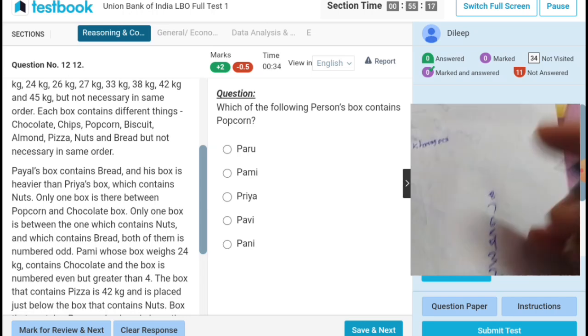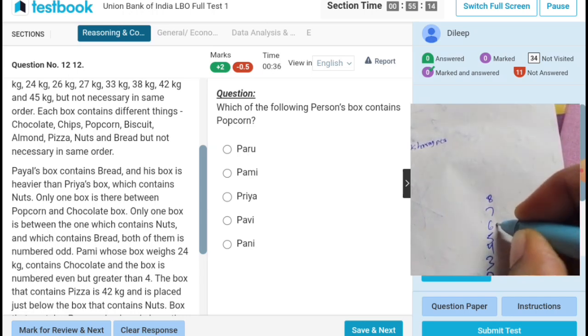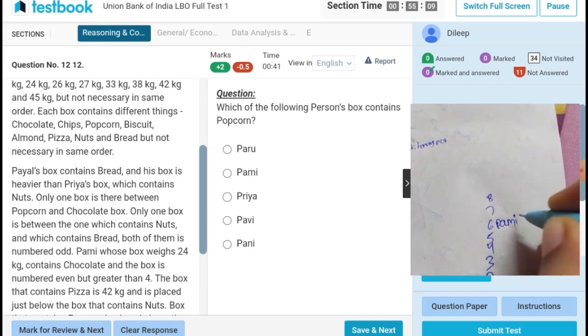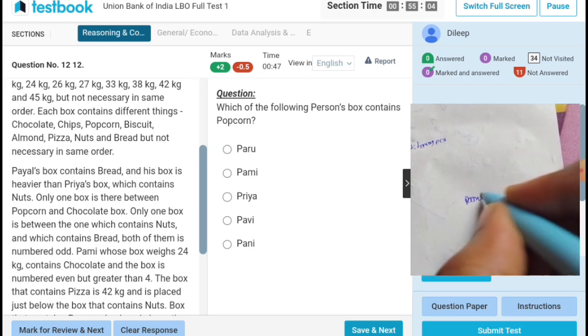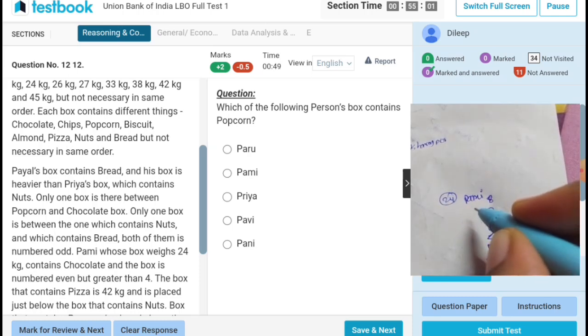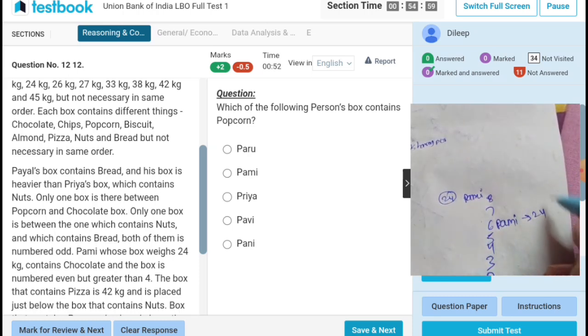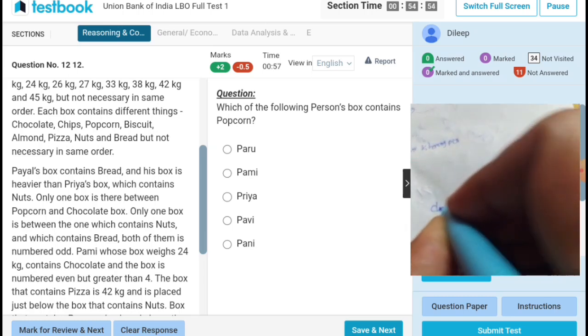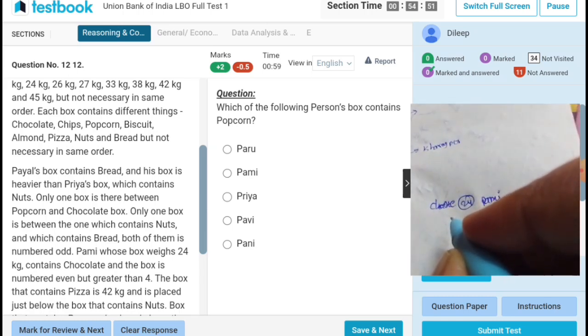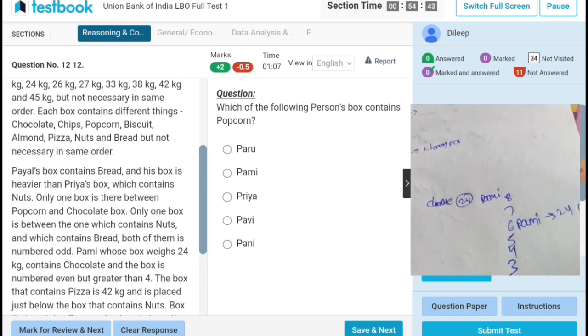The box is numbered even but greater than 4. I think, for me, whose box weight is 24 kg. So for me contains chocolate, and the box is numbered even greater than 4, and the box contains wedges 42 and is placed just below the nuts.